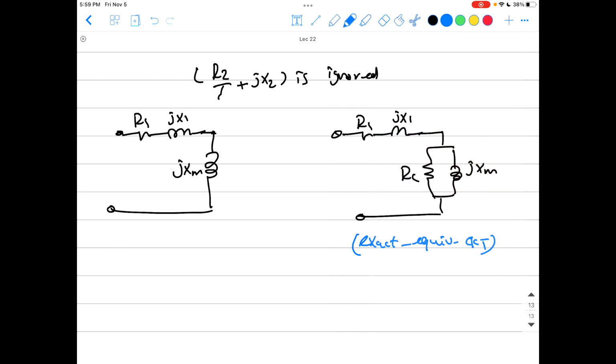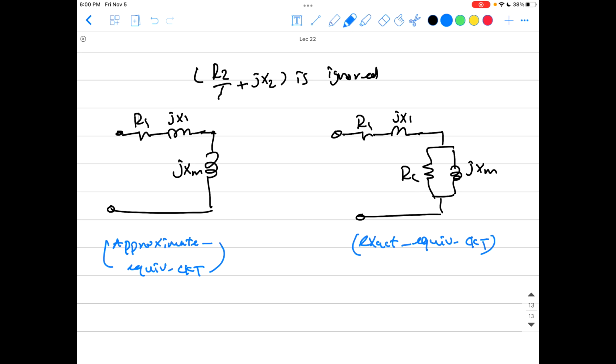Okay, so we talked about the difference between the approximate equivalent circuit and the exact one in much more detail in the last lecture. If you don't remember, please review it, okay? So for the other two tests, the DC test and the locked rotor test, it doesn't matter which circuit you are dealing with, because we were just ignoring the whole branch, RC and XM, it doesn't matter.